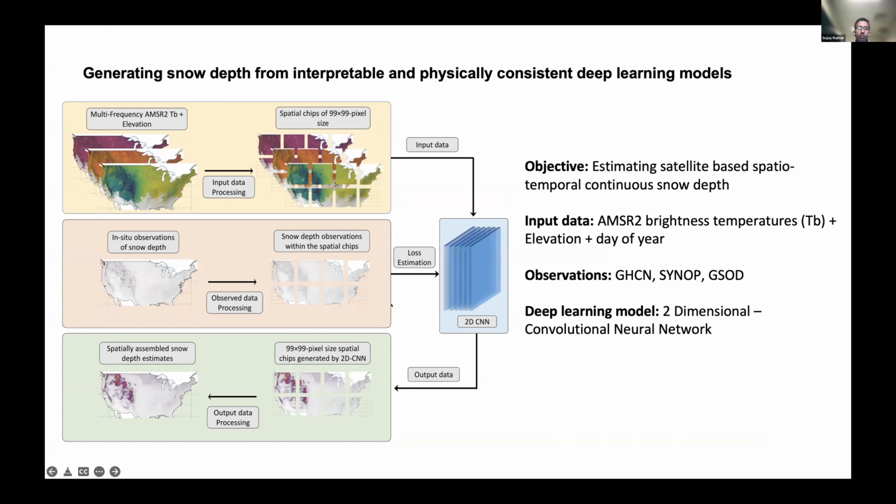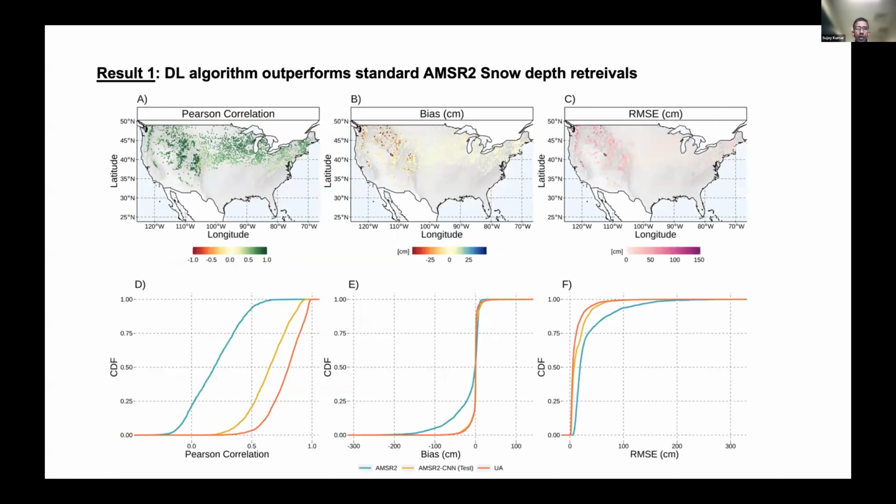Essentially, we have an approach where we train these brightness temperature observations to in situ measurements. Here we don't prescribe any notions of sensitivity or which channels are important. Let's see if the algorithm can figure it out. The results were somewhat encouraging.